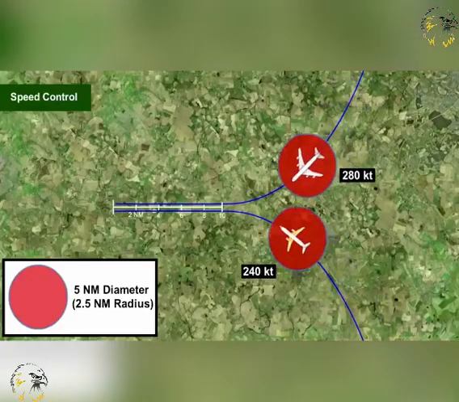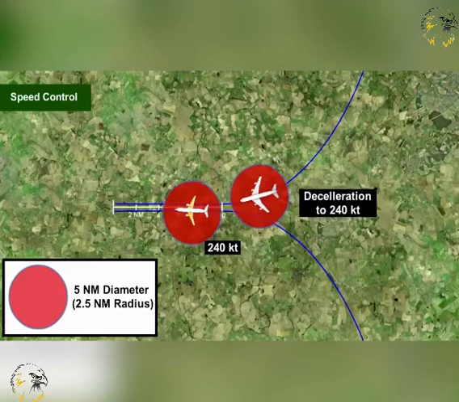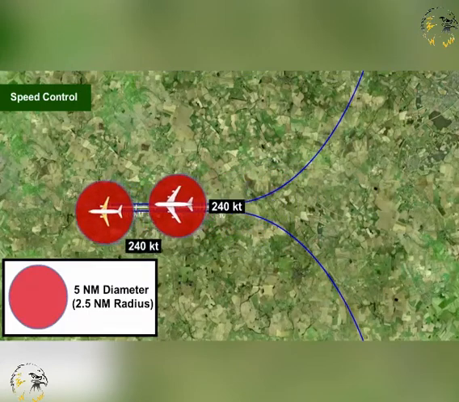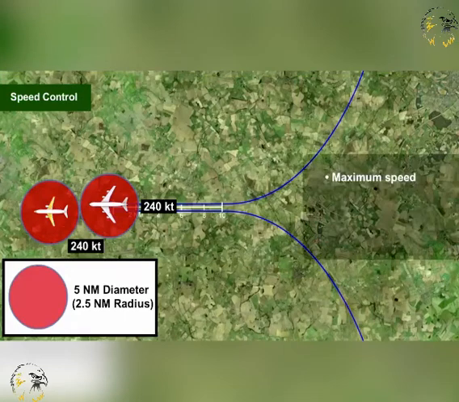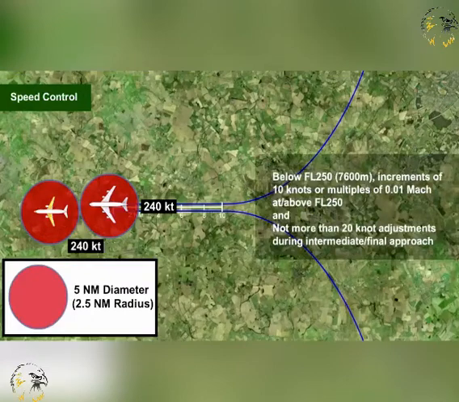In order to manage the whole radar control and radar vectoring process, aircraft may be asked to adjust their speed as necessary to maintain maximum speed, minimum clean speed, that is, use no drag devices, or a specific speed.